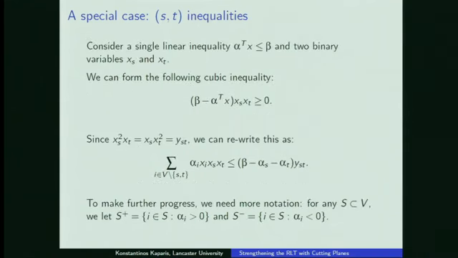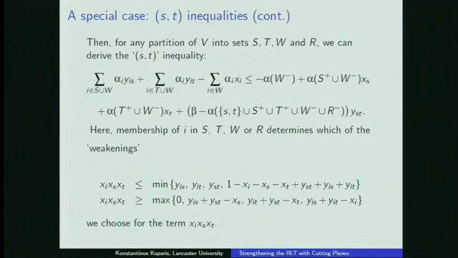For the following inequality, let's say, and given some S and T, which of the weakenings we are going to apply depends on the variable i. So, for example, we might say that we can have xist being substituted with yis plus yst minus xs in case this variable is in set S plus.